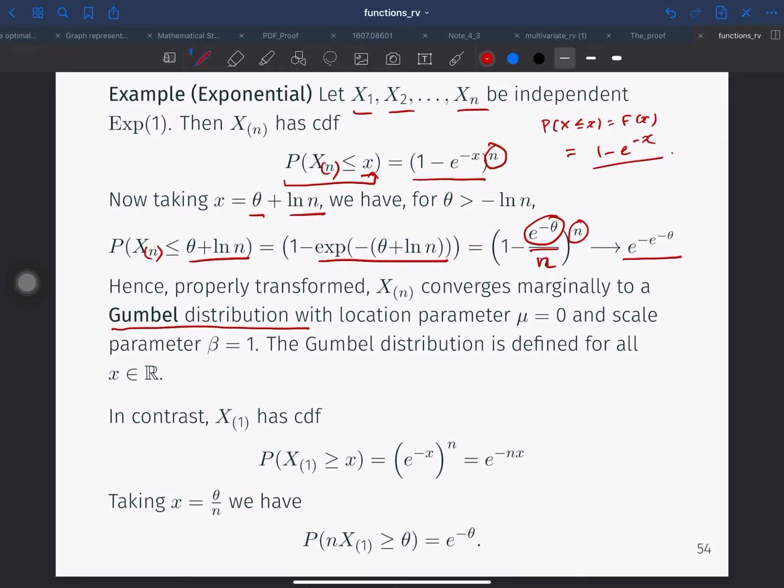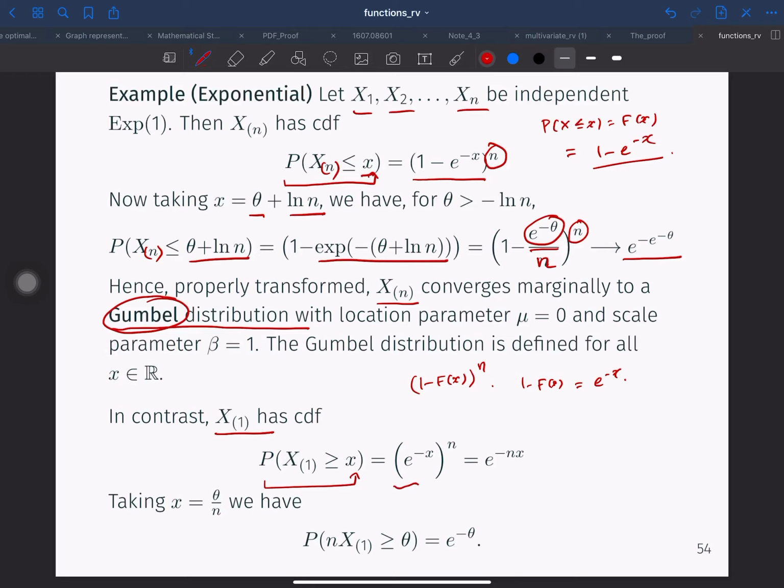So you can take a look at, say, Wikipedia, but in any case, the maximum converges marginally to a Gumbel distribution. In contrast, the minimum, the probability that the minimum is bigger than or equal to x is, as we say, (1 minus F(x)) to the power of n, and due to the exponential function, 1 minus F(x) is nothing more than e^(-x).